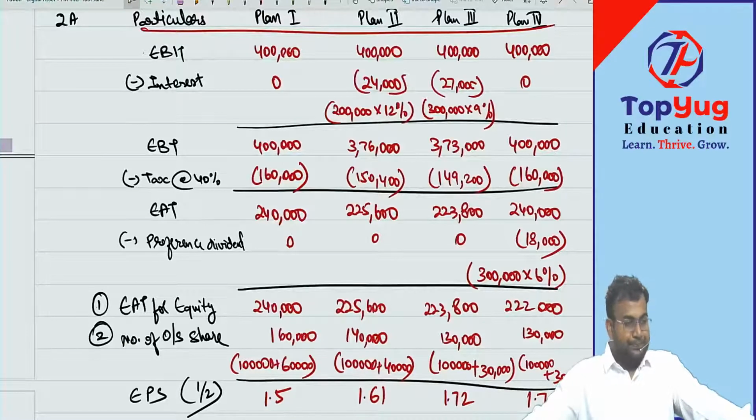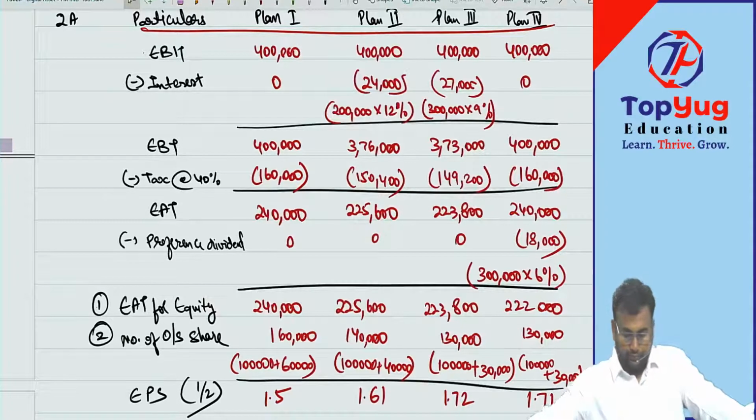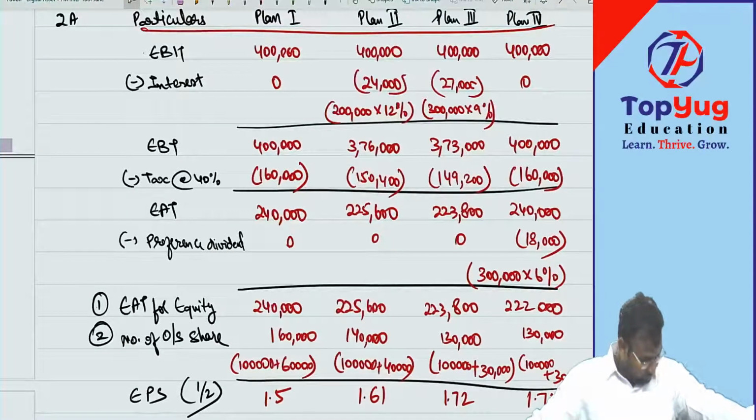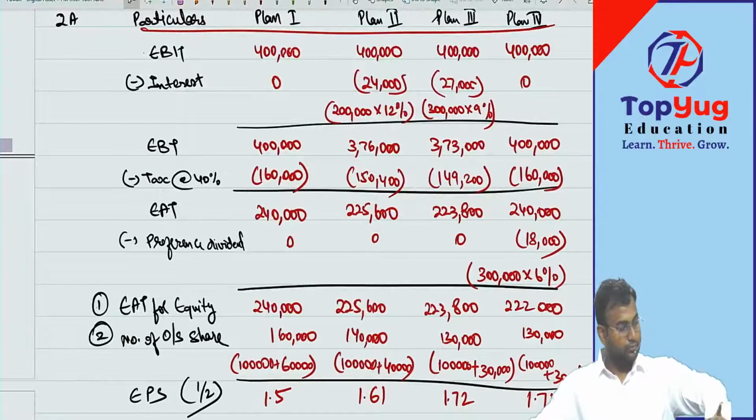Are we all good here? Done. Can we calculate the financial leverage?